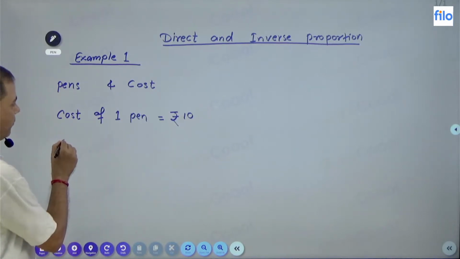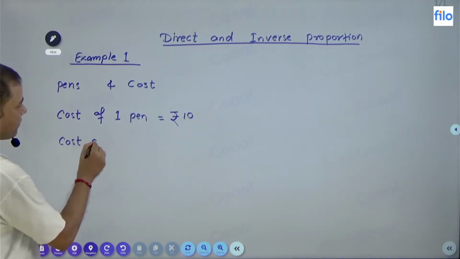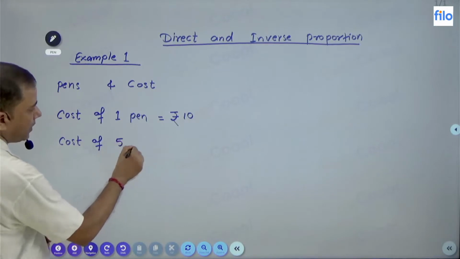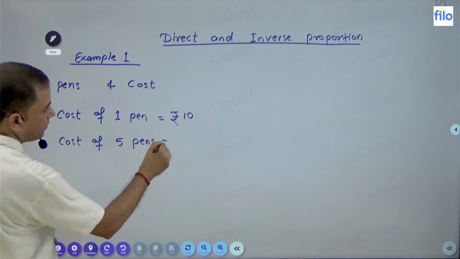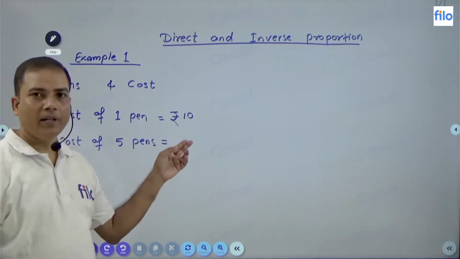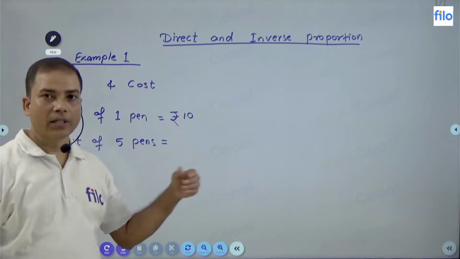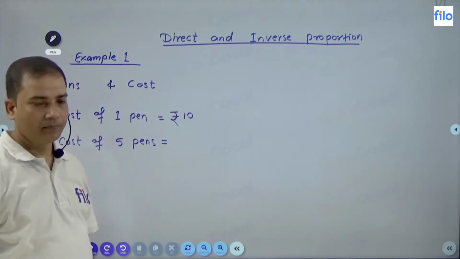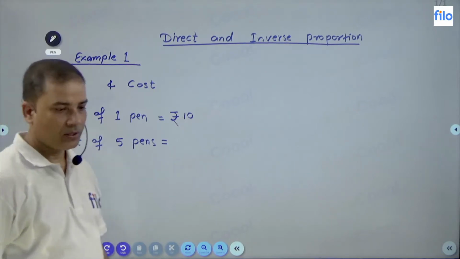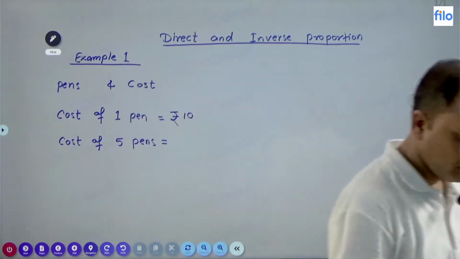So if you want to buy, suppose, 5 pens at once, do you need to pay more than 10 rupees or less than 10 rupees? More than 10 rupees, sir. How much? 50, sir.